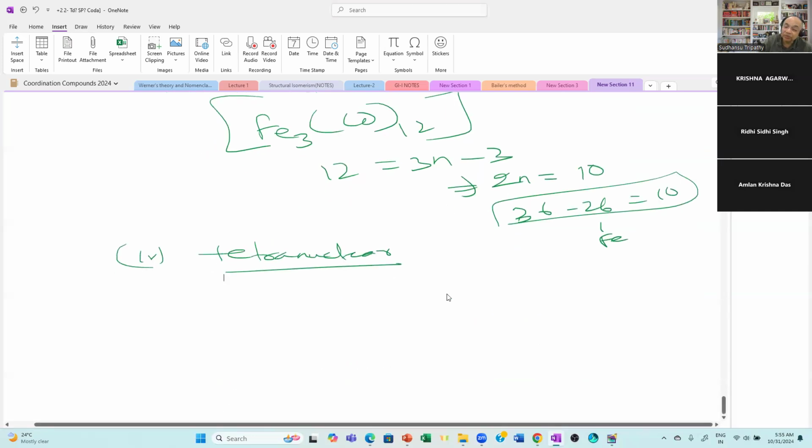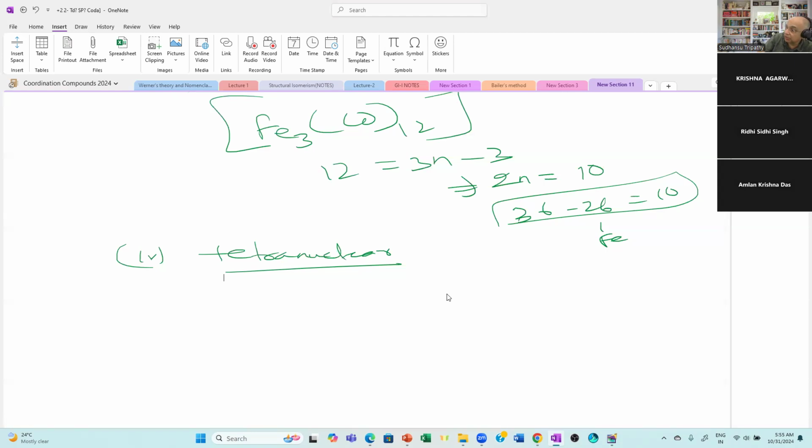Long ago, maybe 10 years before, I was not talking about metal carbonyls much. But in some IIT Advanced, even the bonding, how many bridging oxygen they asked, I was really surprised, why should the students memorize. That compelled me to put the details of metal carbonyls as much as possible for you.